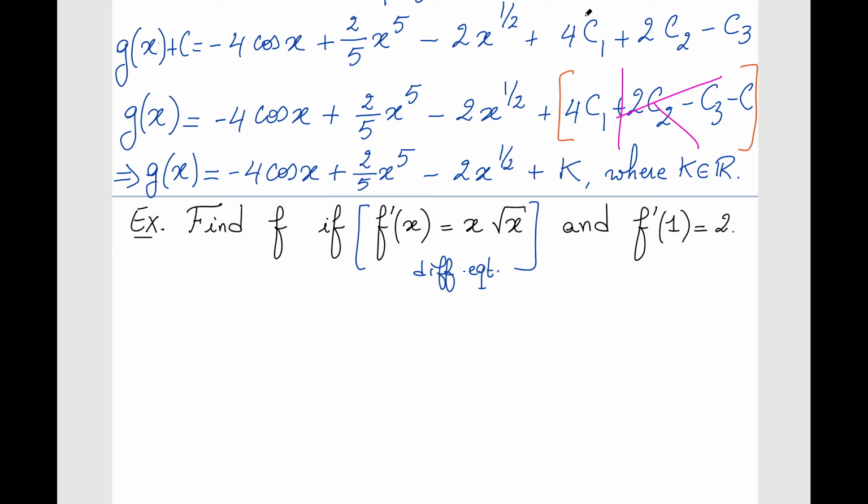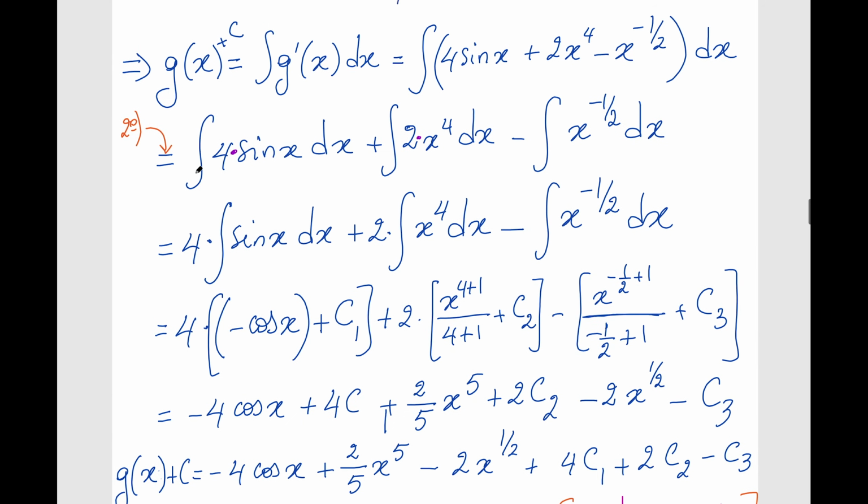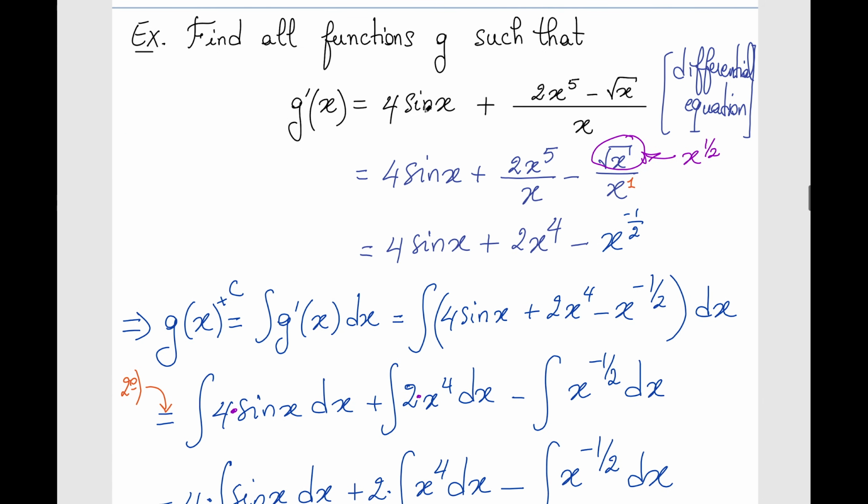Okay, this is not f prime of 1. This is f of 1 equals 2. This condition is going to tell me what the constant of integration is. So I'm going to have a family of functions like I had before. Remember, for every k I have a function that does the job. And what job am I talking about? This job, g prime equals 4 sine x plus this, right?